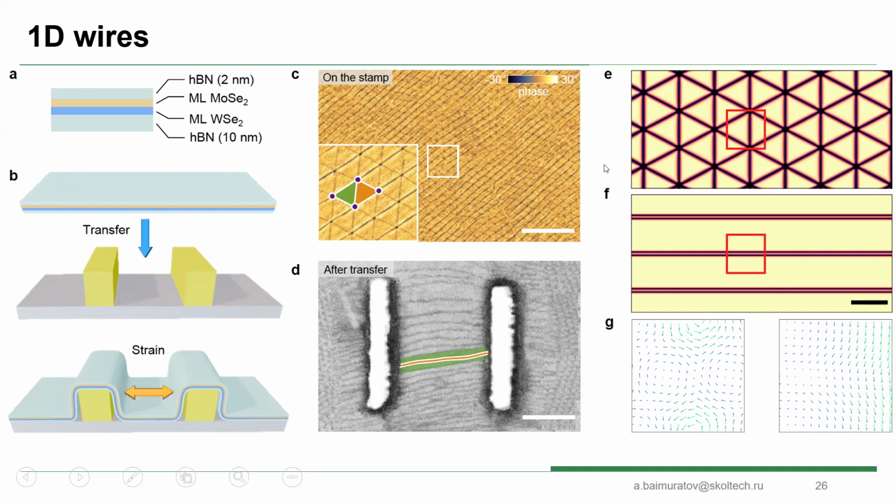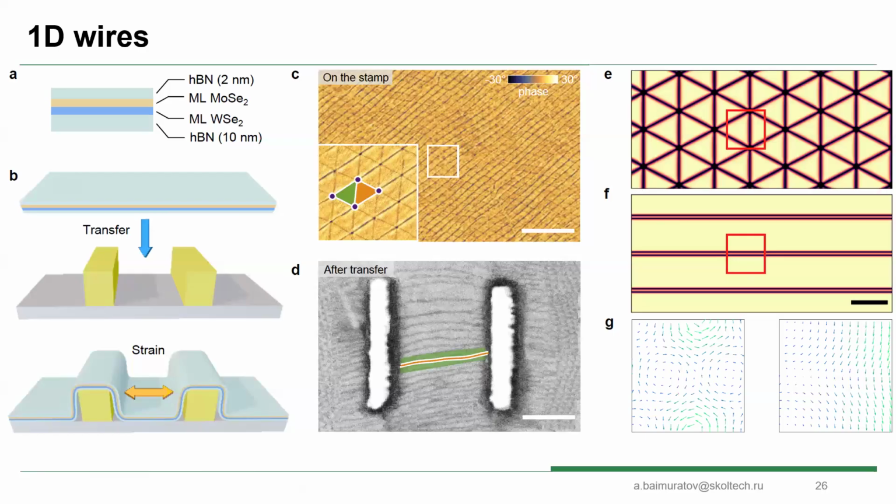And what happens? We have here two optimal stackings, called green and orange. But because these are not homobilayers, for these stackings we have a very small difference, around 1 meV per cell or something like that.